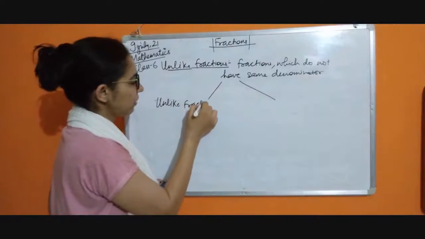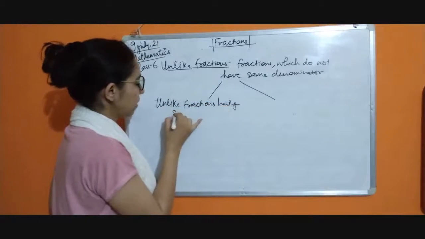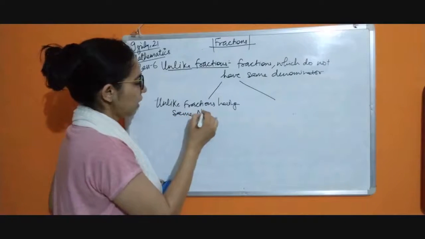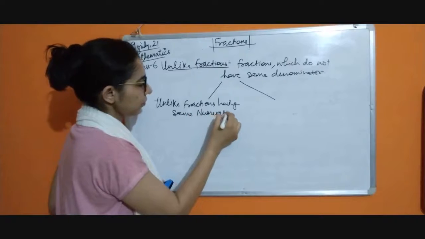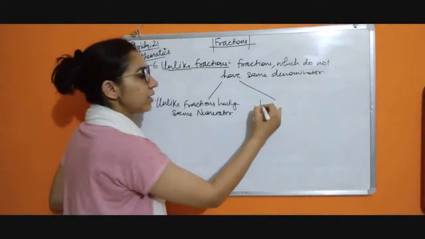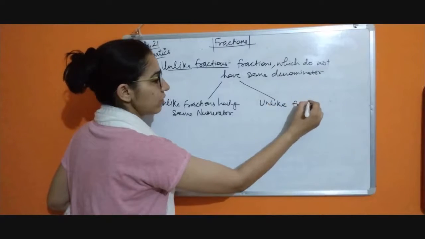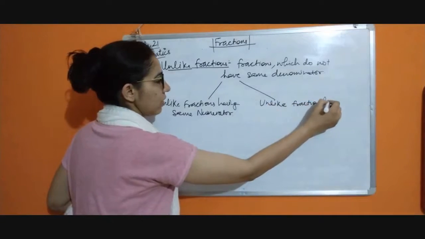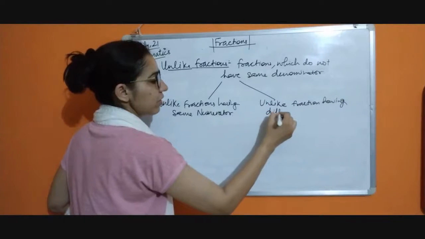Unlike fractions having the same numerator, and the second type is going to be called the unlike fractions with different numerators.